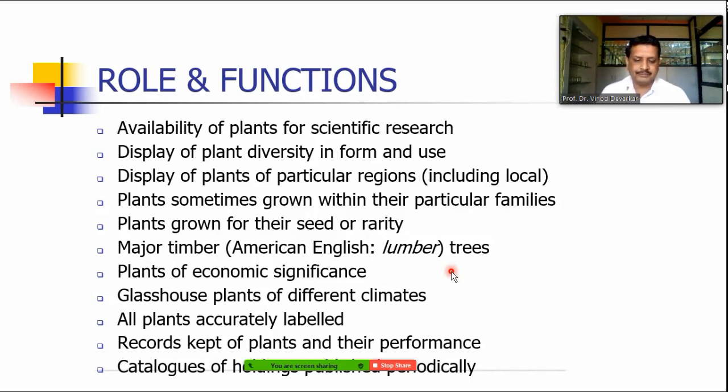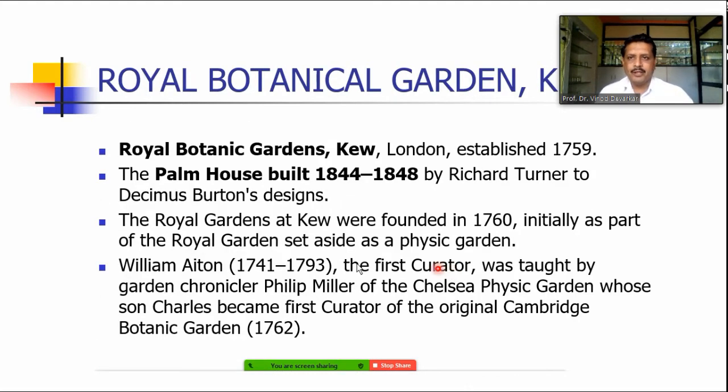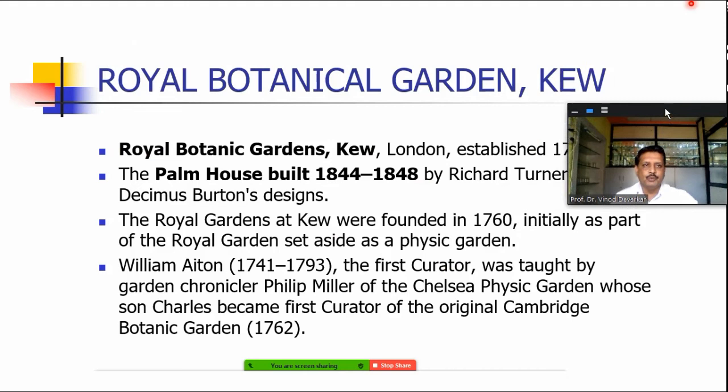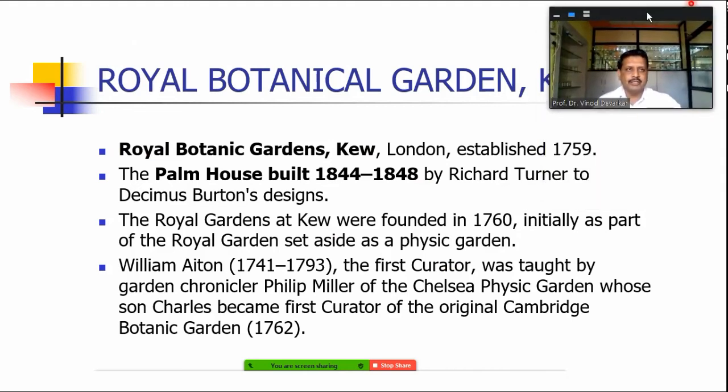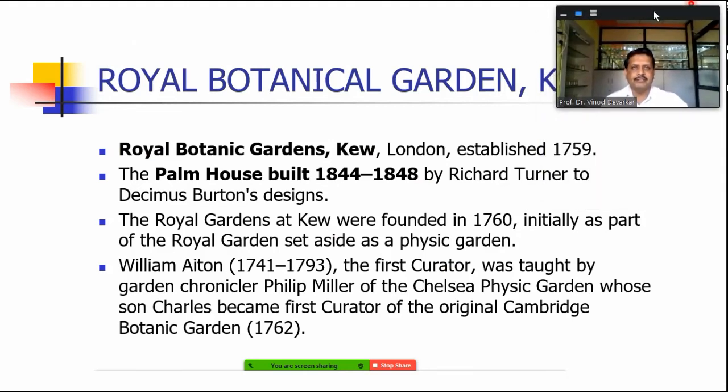The most important is the Royal Botanical Garden, which is situated at Kew. This Kew Botanical Garden is considered the largest botanical garden, where you can find not all, but we can say the maximum number of species from every corner of the world.